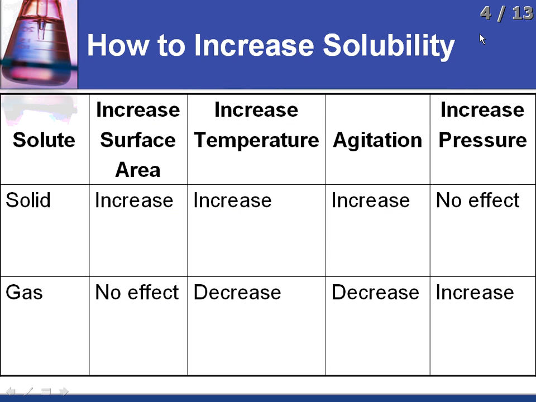So in chart form, the two typical solutes we use are gas solutes and solid solutes. It's very important to remember the factors that increase the rate of solubility for solids. Surface area or crushing something will increase solubility in solids. Increasing temperature will increase rate of solubility.